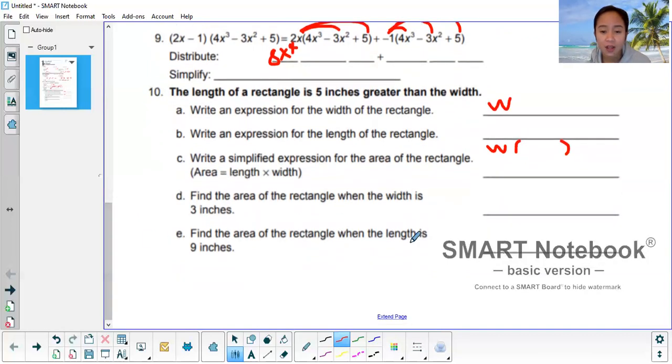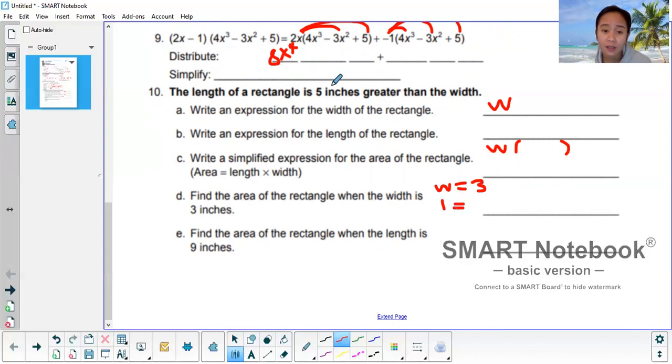Now find the area of the rectangle when the width is 3 inches. So if the width is 3 inches and the length is 5 inches greater than the width, what's the length? So again, if the width is 3 inches, what's the length?